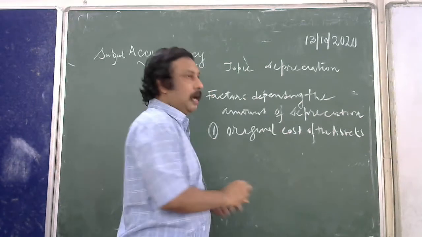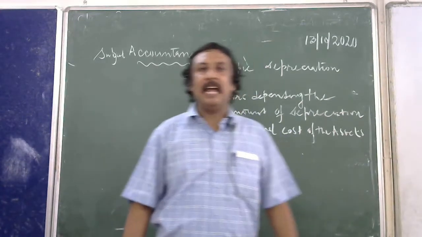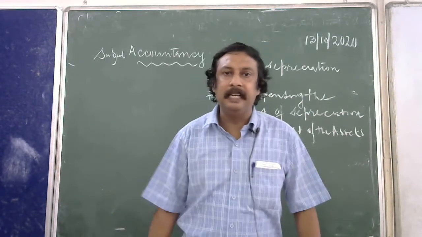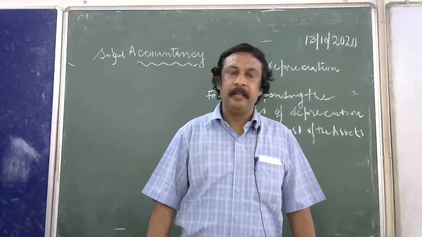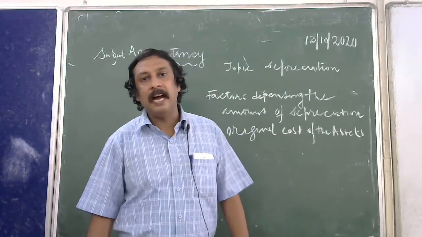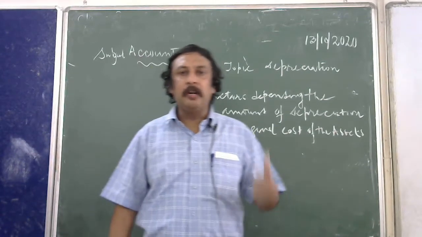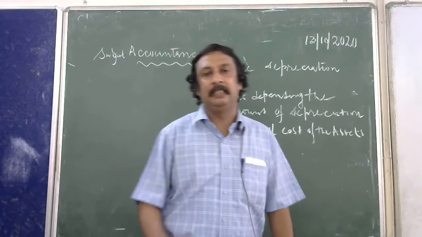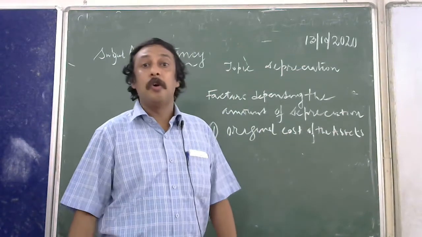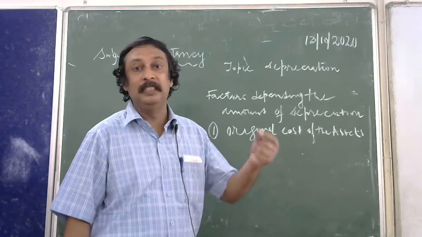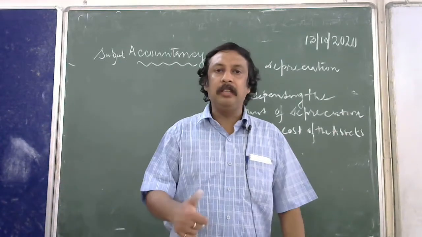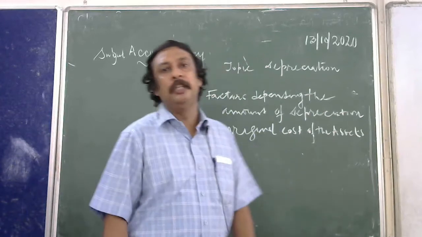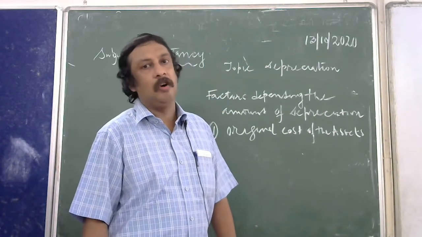Depreciation is calculated at a certain percentage on the original cost of the assets. Therefore, the amount of depreciation will always depend upon the historical cost or the original cost of the assets, because it is calculated as a percentage on the original cost of the asset.